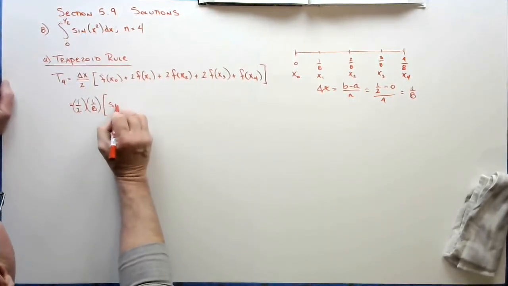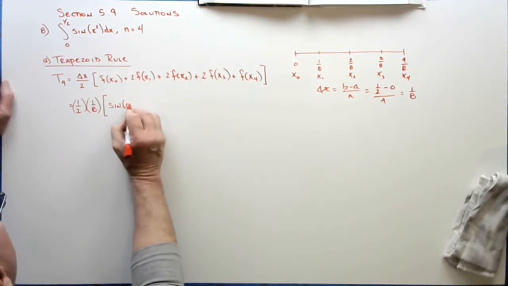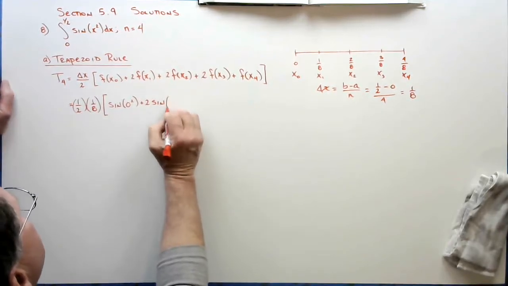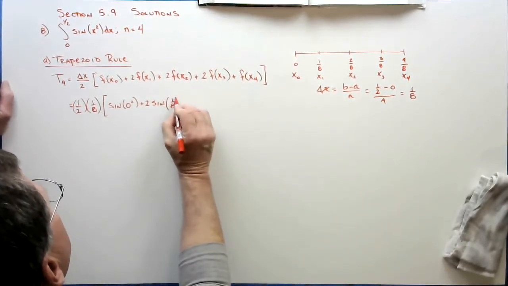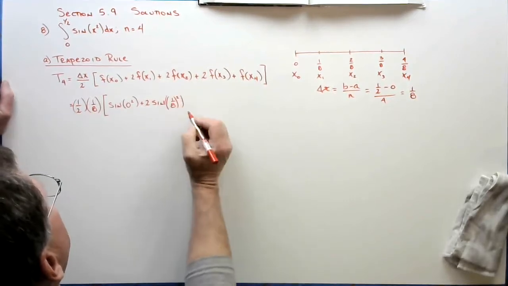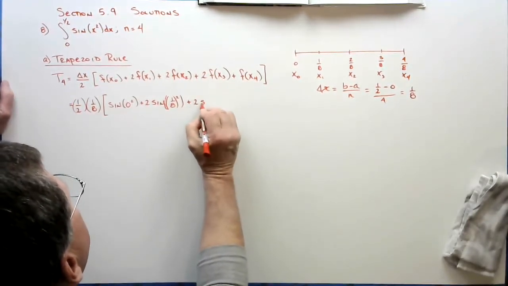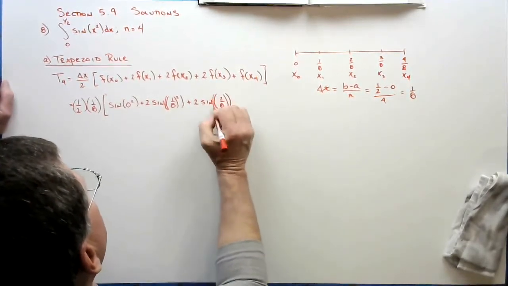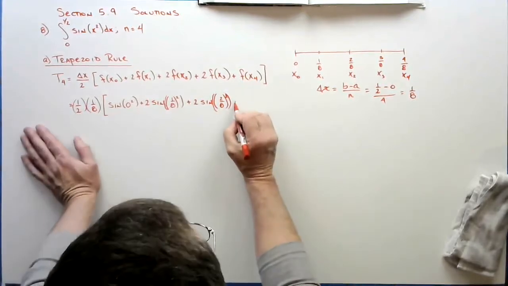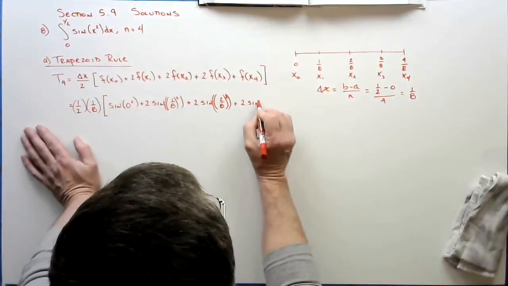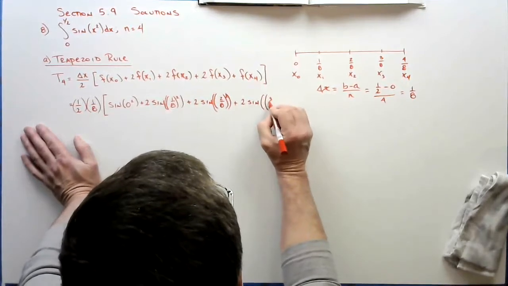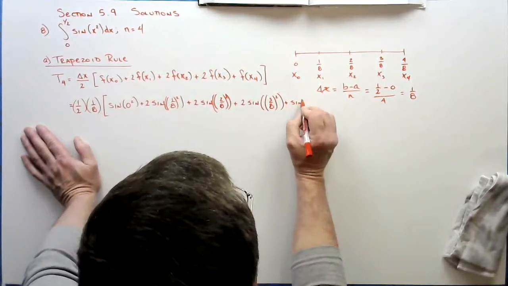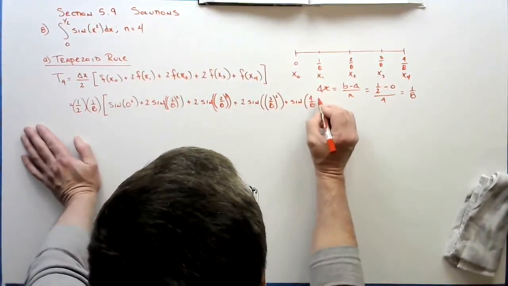I'm going to go ahead and write all of this out. So that's sine of 0 squared, plus 2 times the sine of 1/8 squared, plus 2 times the sine of 2/8 squared, plus 2 times the sine of 3/8 squared, plus the sine of 4/8 squared.